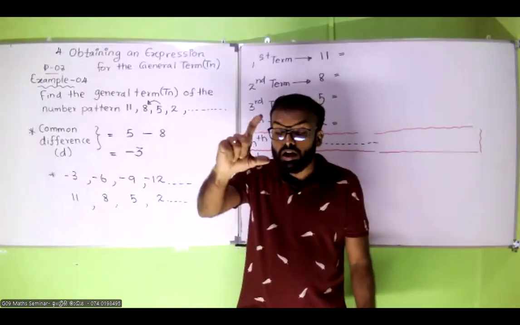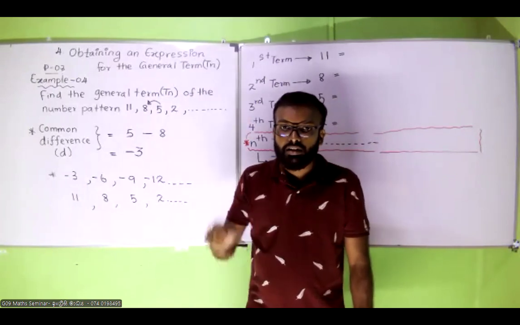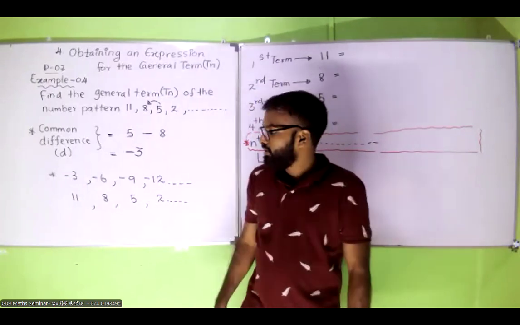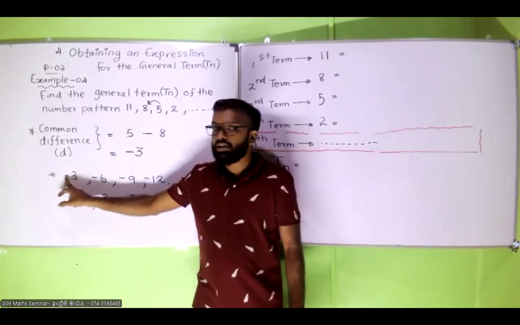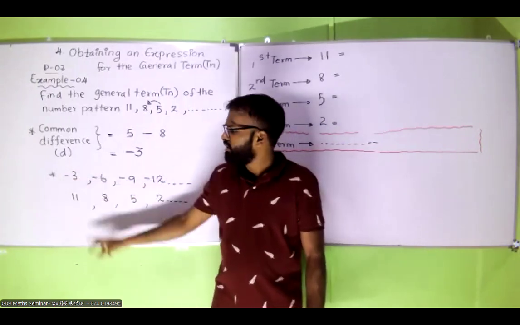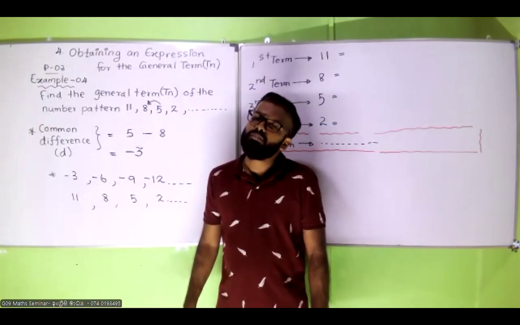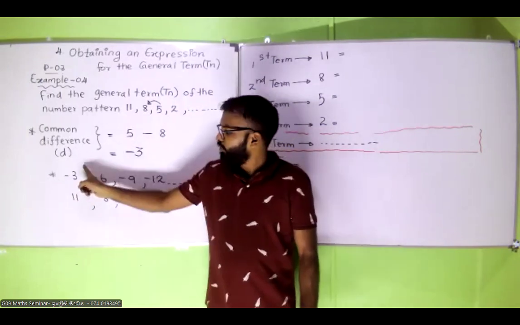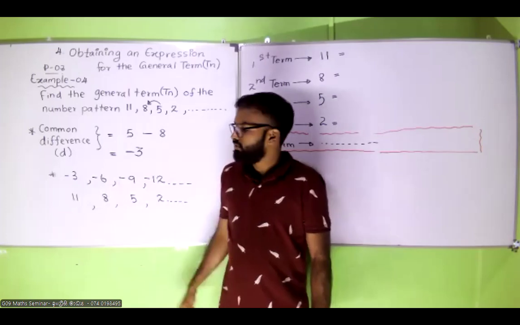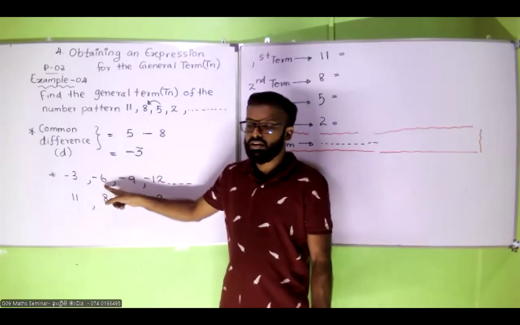Very basically, if you forget the sign, you have 3 and 11, and if I add 14, 14 minus 3 is 11.